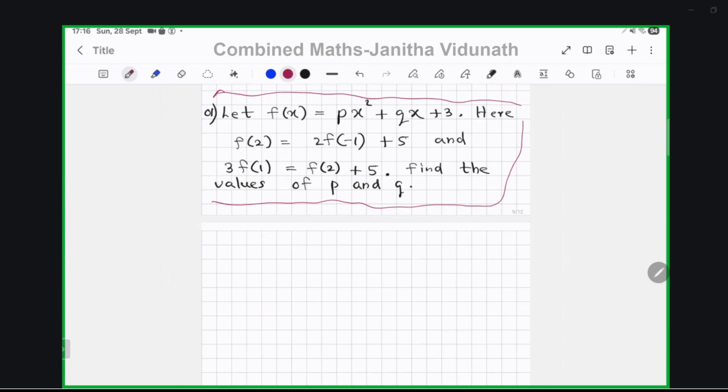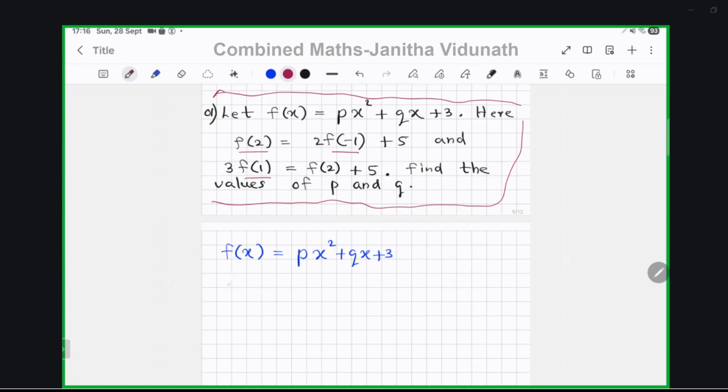Okay, now I will try to solve this question. Here we are given f(x) equal to p x square plus q x plus 3. We need to first find the values of f(2), f(-1) and f(1). Then we can substitute into the given equation and try to solve.